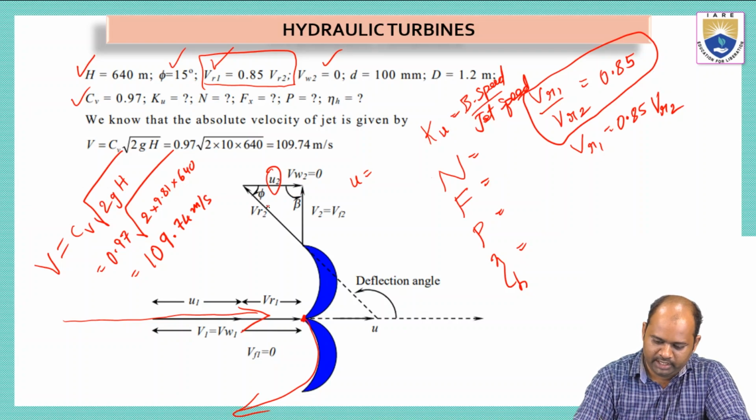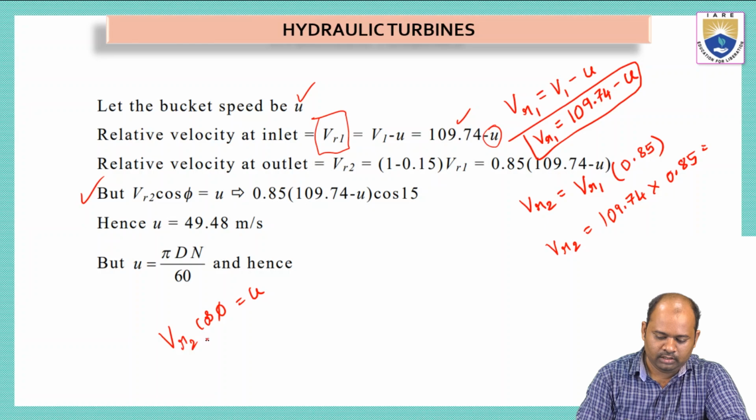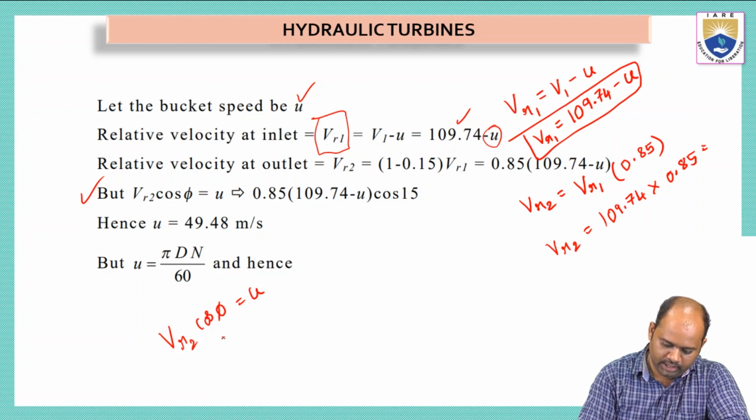So phi is equal to adjacent side U2 divided by VR2. Because it is the adjacent side, I have taken cos phi. I will rewrite this again: cos phi is equal to U by VR2.